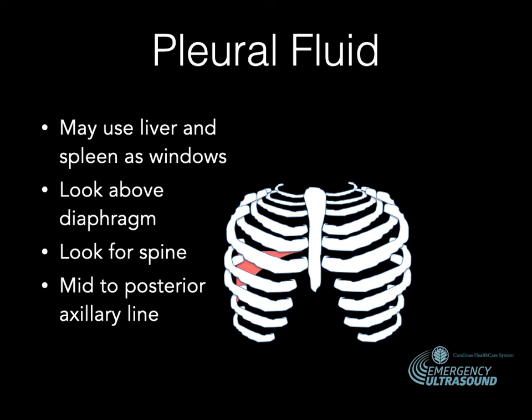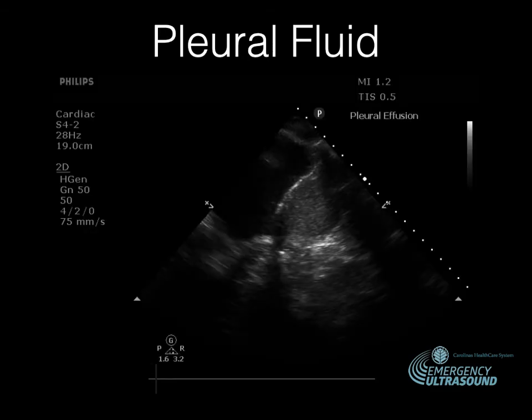Now, if you have a lung that's full of air without any pleural effusion, remember that air is actually the enemy of ultrasound, and so those ultrasound beams are not going to be able to travel through that air-filled lung and will not be able to make it to the vertebral bodies. So if you're seeing the spine above the diaphragm, you have pleural fluid.